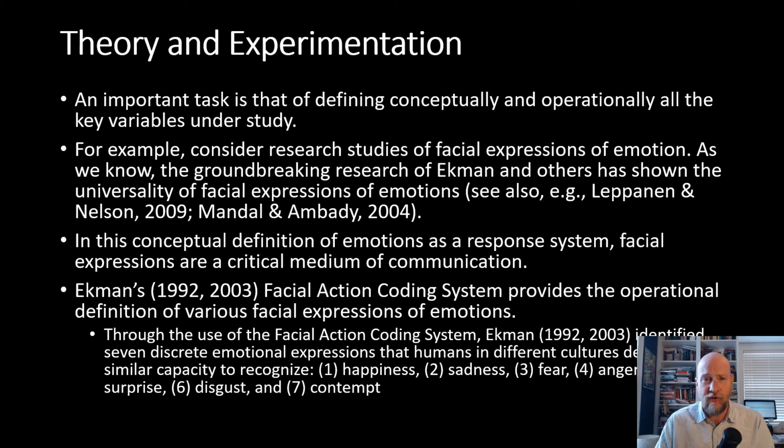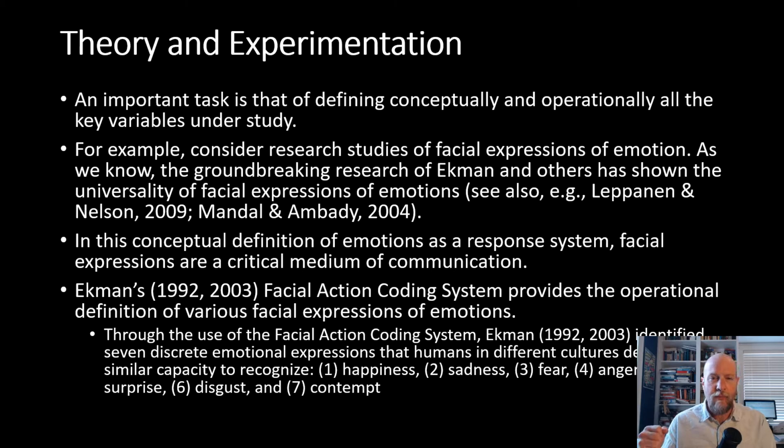There is some cultural variability, but essentially it seems to be a very human phenomenon. In their conceptual definition, as in their theory, emotions are response systems, right? They're things we've evolved and developed to read and understand and respond to stimuli in our environment. And so they say that facial expressions are a critical medium for communication of emotion in human beings.